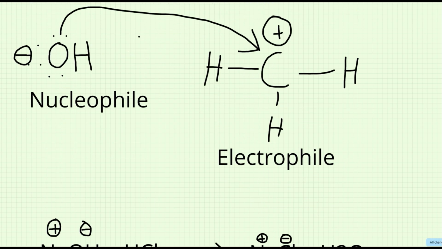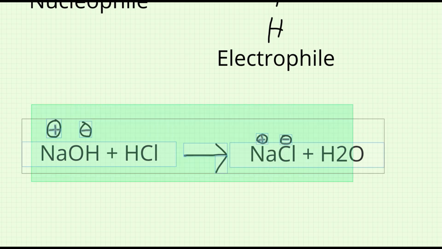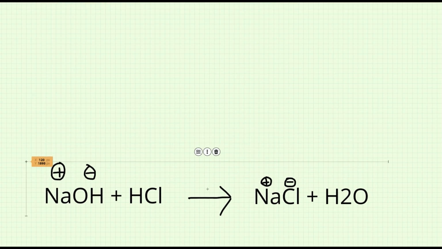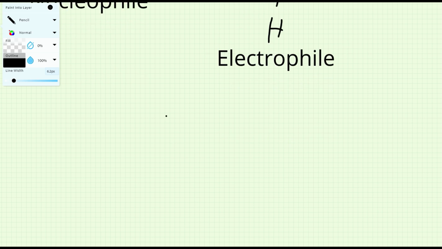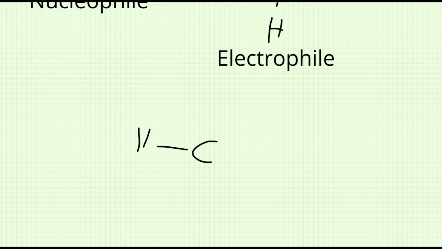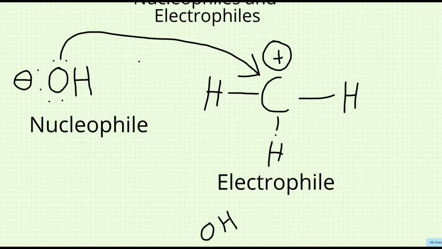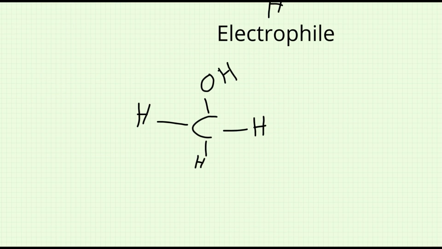That will occur, giving us a molecule that would look like this. Now the carbon has the hydrogens like before, but now we also have OH. There's no more charge, no negative, no positive, and it is happy.